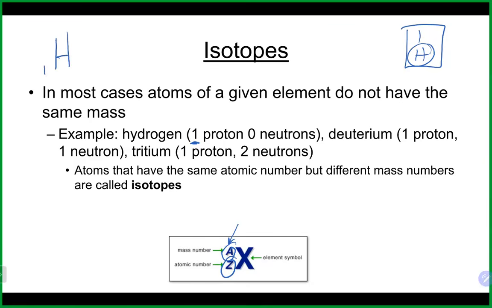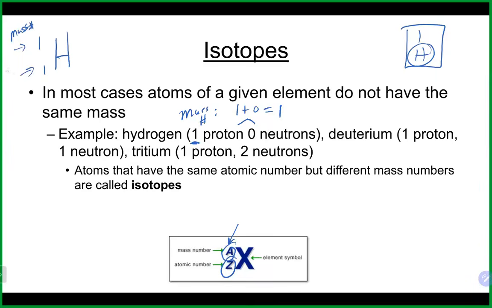Atomic number goes bottom left, which is 1 in this case. Mass number is protons plus neutrons, right? So the mass number here would be 1 plus 0, which is 1, which means the symbol for hydrogen would be 1 on top and 1 on the bottom. The top number, again, is our mass number.